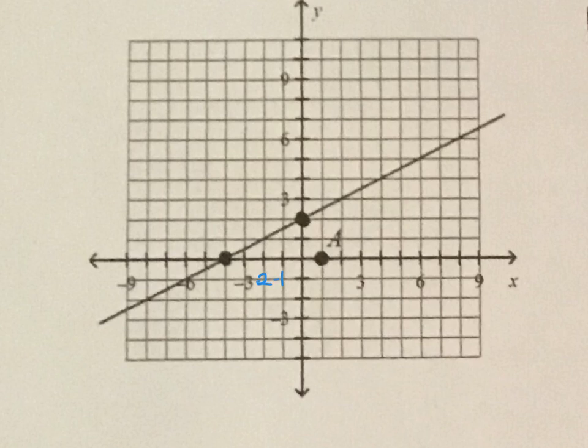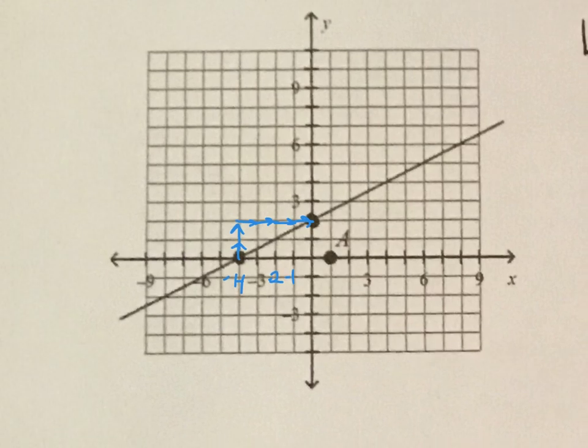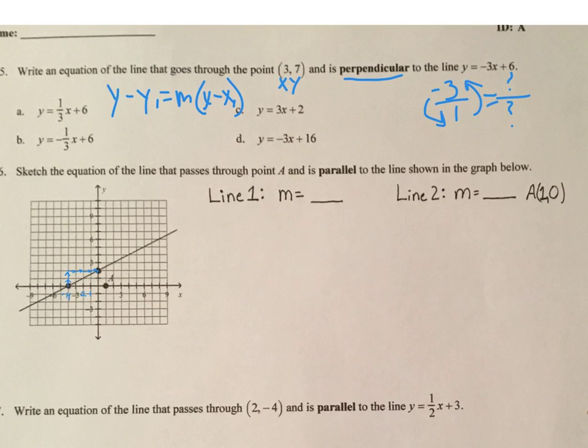That's -3. This would be -4. So they're all counting by 1. So you need to count up and over to get the slope of line 1.